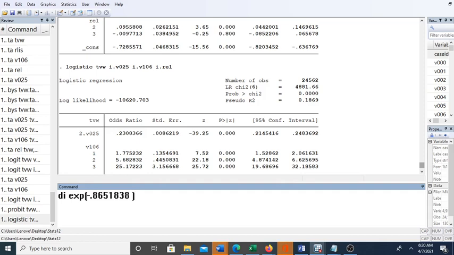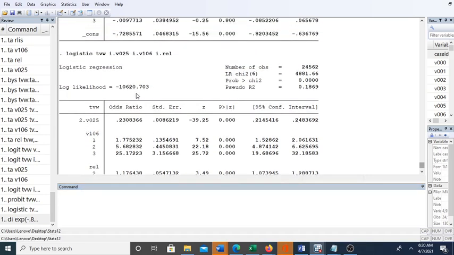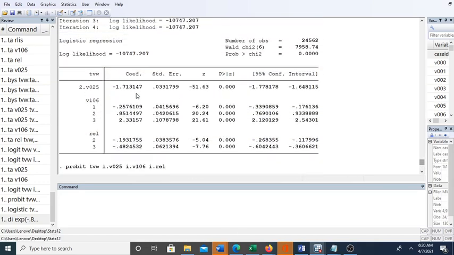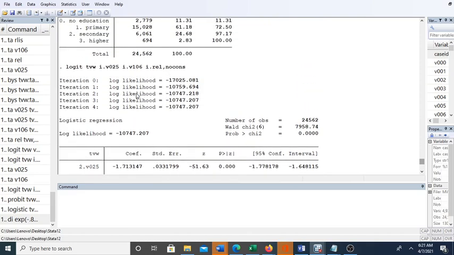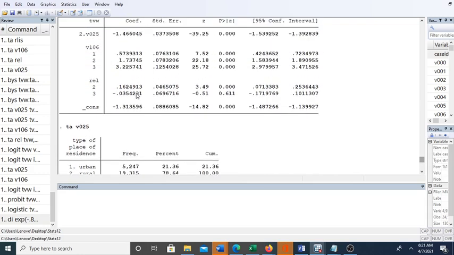Okay, and then I enter. It is giving me 0.422222, etc. Now I want to check where this is, not in the probit, but in the logit. Let's see whether we have that.